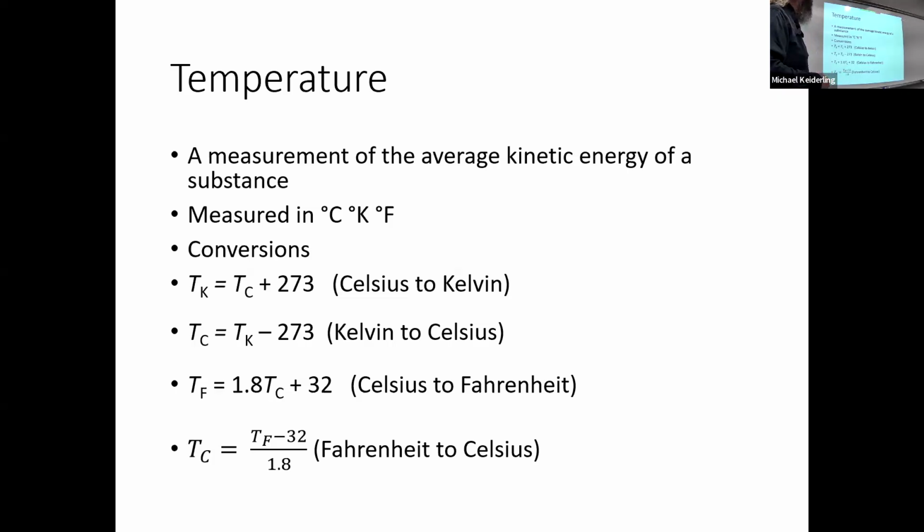To get Fahrenheit from Celsius, you multiply the temperature in Celsius by 1.8 and then add 32 to adjust the 0 point. To go the other way around, you take the temperature in Fahrenheit, subtract 32, and then divide by 1.8 to get the temperature in Celsius.